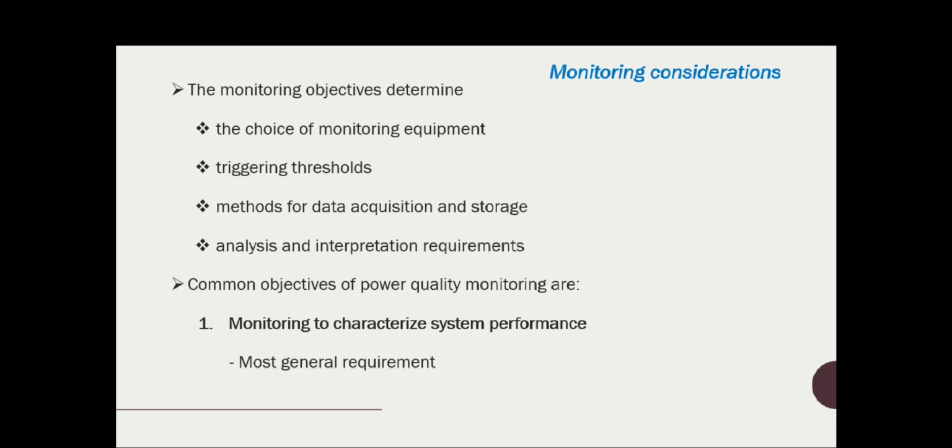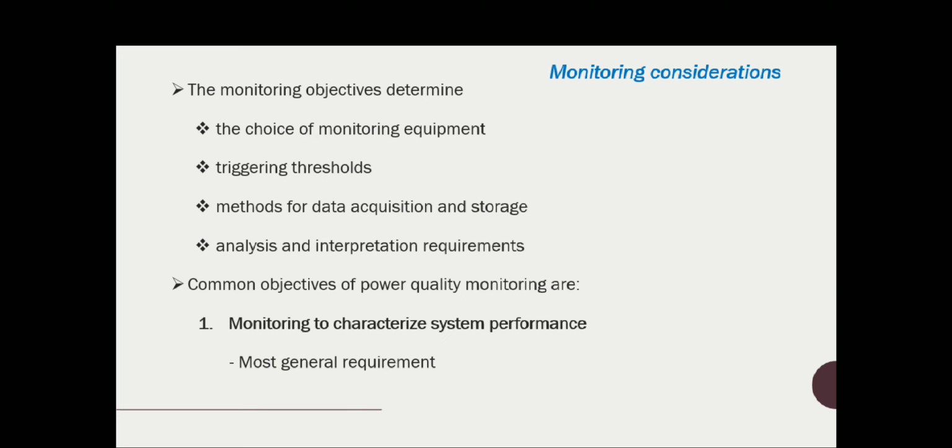First one is monitoring to characterize the system performance. This is the most general requirement. A power producer may find this objective important if it needs to understand its system performance and then match that performance with the needs of the customers. So we should ensure your system performance meets your consumers' power quality requirements.